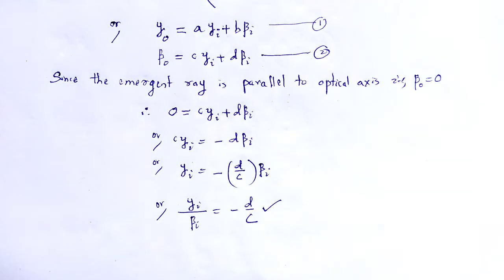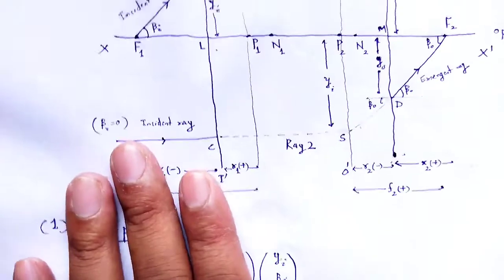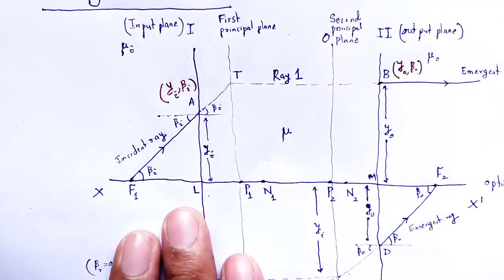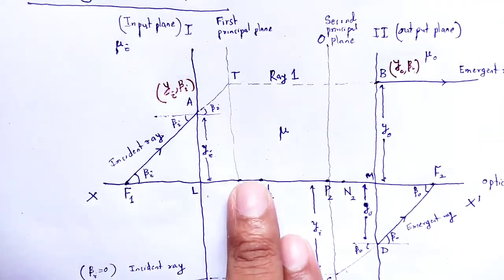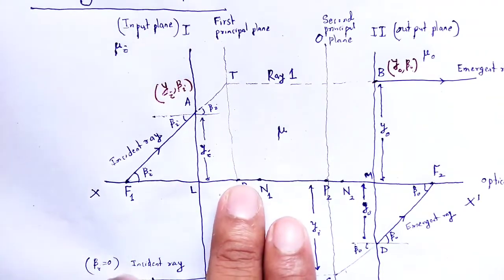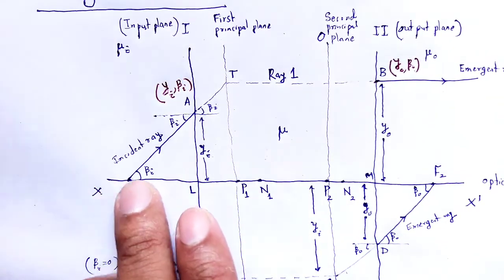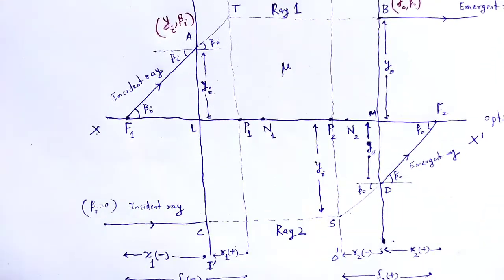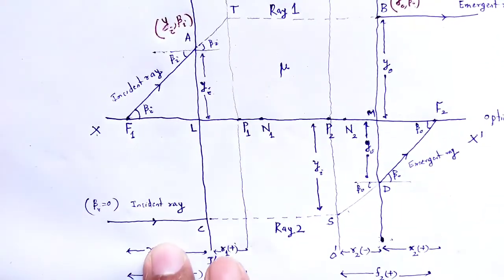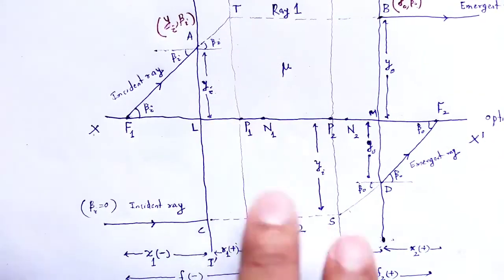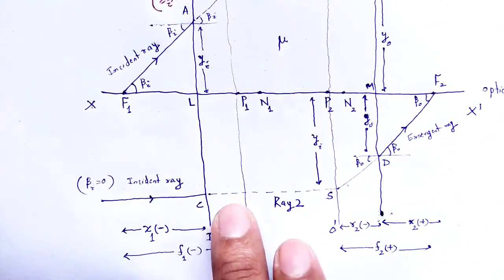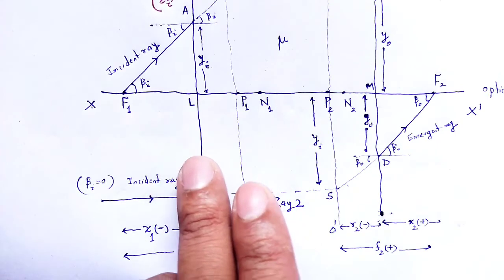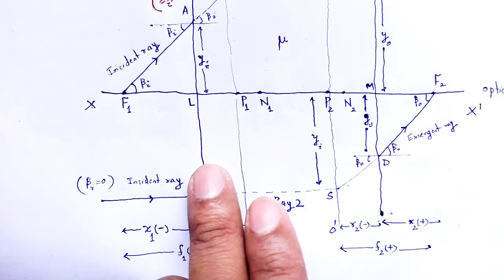Look, the figure is important for calculating the locations of these cardinal points. Here, this is the first principal point. So in place of F1P we can write F1L plus LP1. So F1L is the X1, and LP1 is the R1. I can use the sign convention here.